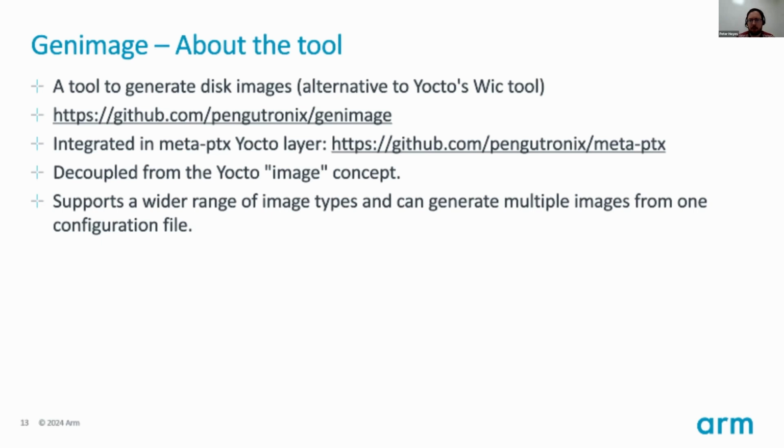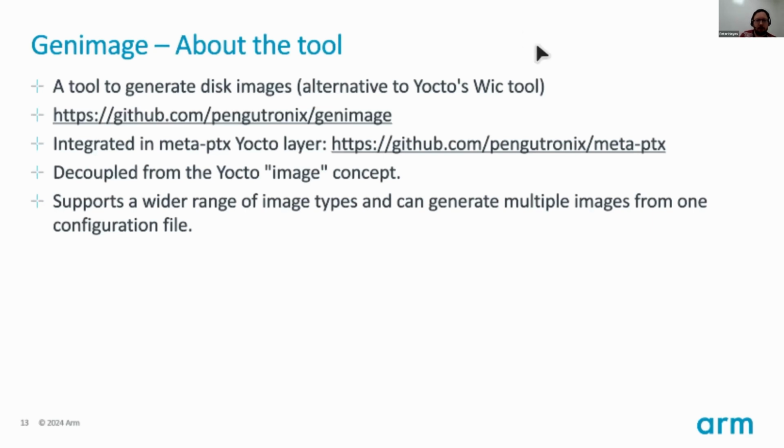So in Arm Auto Solutions 1.0, we had 1 image per flash image, but I find the image concept in Yocto is a little bit overloaded. It's the final build target that you build, like core-image-minimal or core-image-sato, but it also has your rootfs, and it also embodies other elements all in the same image concept.